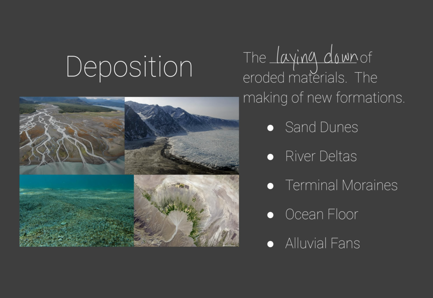And then at the end of rivers, we can also have alluvial fans. So this is when a river ends up over land, not necessarily over water, but this is a nice alluvial fan here. So again, deposition is the laying down of eroded materials that make new formations.